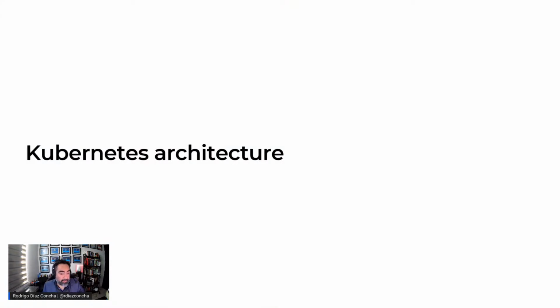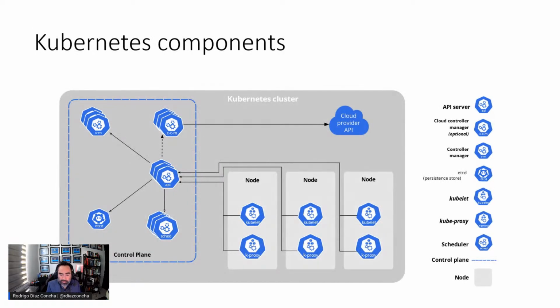So maybe you remember this diagram from last session, where I explained that there are two types of nodes in a Kubernetes cluster. Of course, a cluster is a group of nodes, right? Each node in the cluster can see the other nodes in the cluster, right?